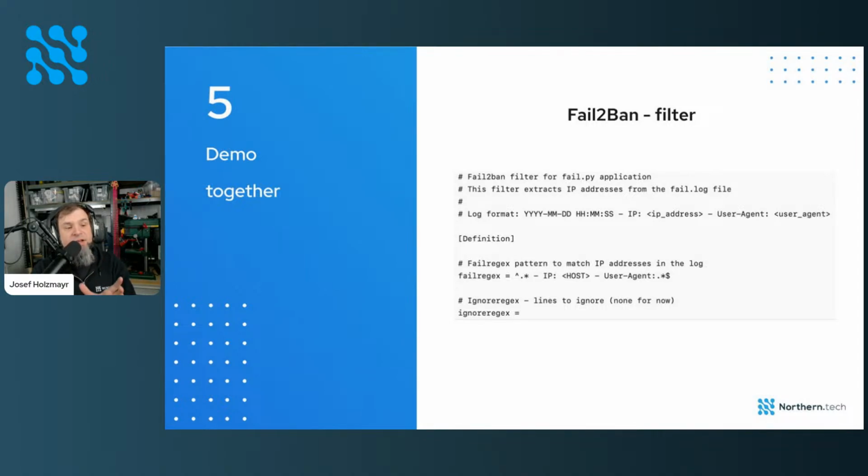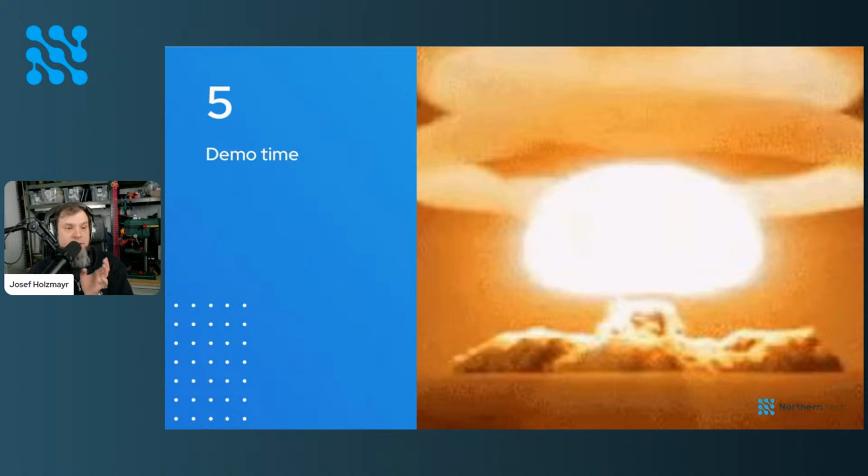This is why Fail2Ban has a magic constant called host. So you don't need to write an IP matcher. This means, hey, look for the IP here and whatever else beyond. And with that, let's try to actually use Fail2Ban.